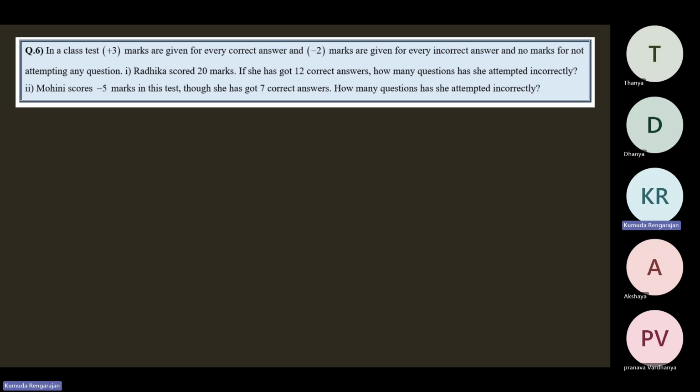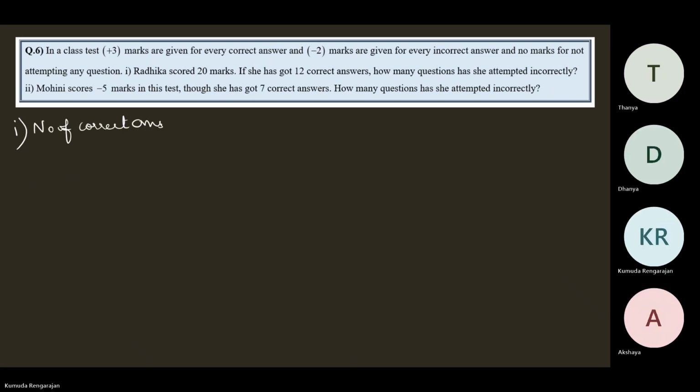Oh, it's similar. I thought this was different. Okay, how many questions did she attempt incorrectly? Now you tell me, how do we do it? Number of correct answers? 12, ma'am. Marks per correct answer?